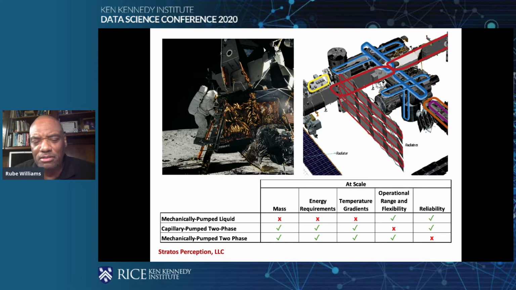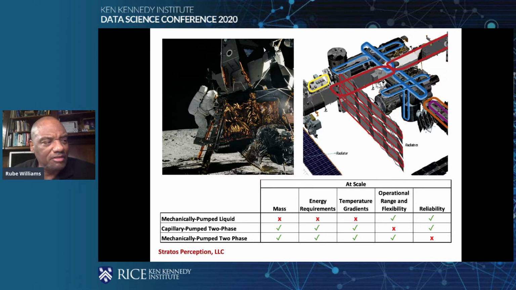The other loops are using higher performance working fluids like ammonia or other refrigerants, and they're used for external communication of thermal transport from, for example, one system out to the radiators to be rejected into space.